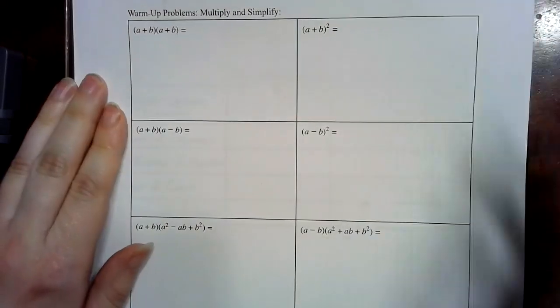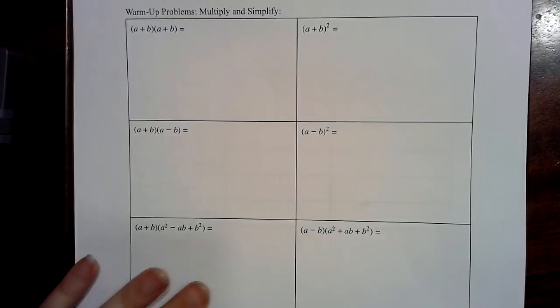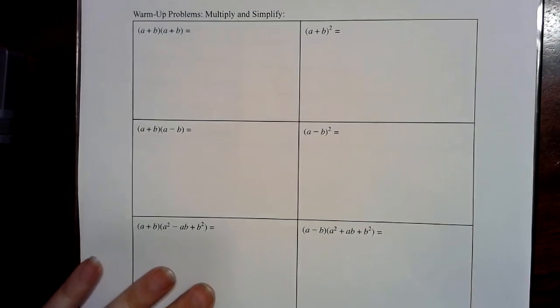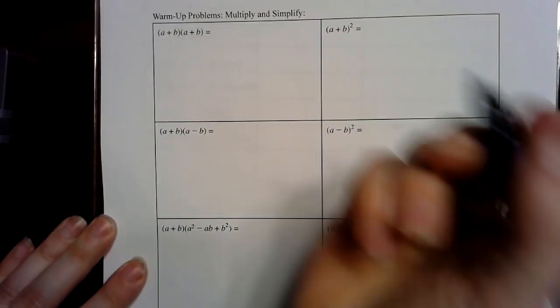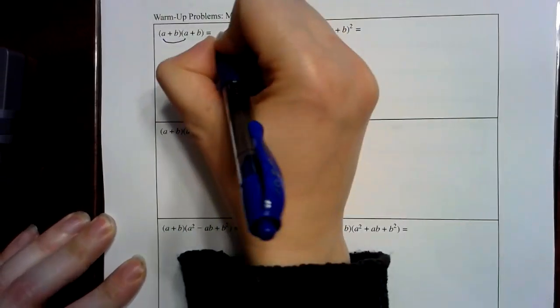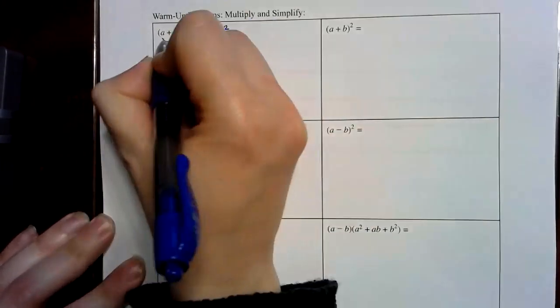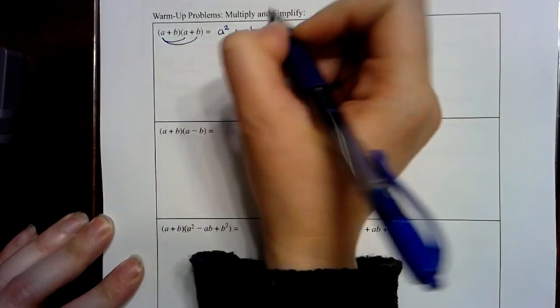Basically, distributing. So, in our first question, we have a plus b times a plus b. If I multiply a times a, I will get a squared. If I multiply a times b, I will get ab.